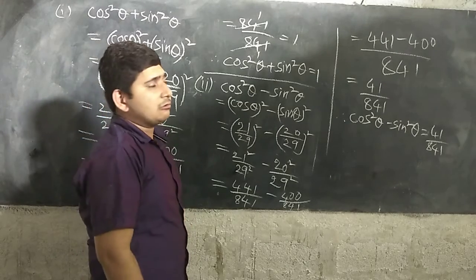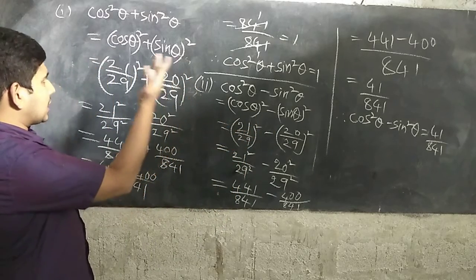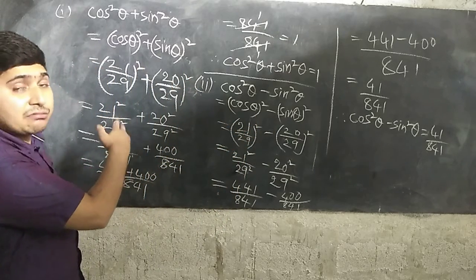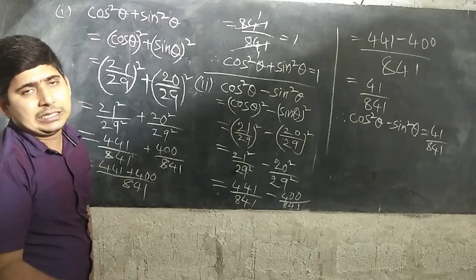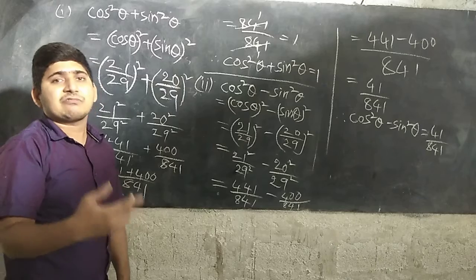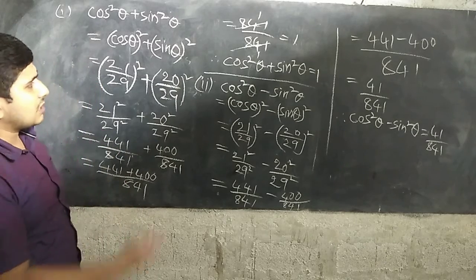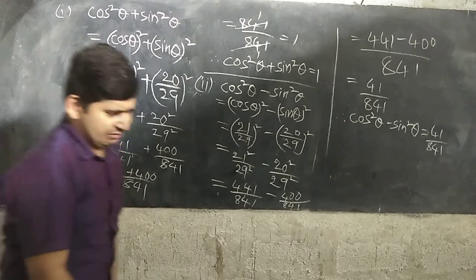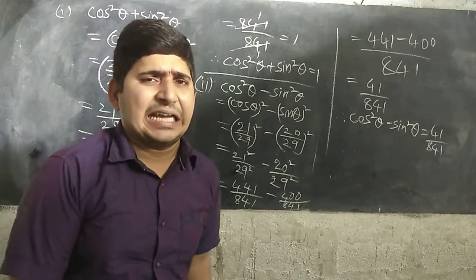The corresponding trigonometric ratio of the particular angle will be squared. By that we can find the value of the unknown angle. Now next we are going to discuss the exercise.